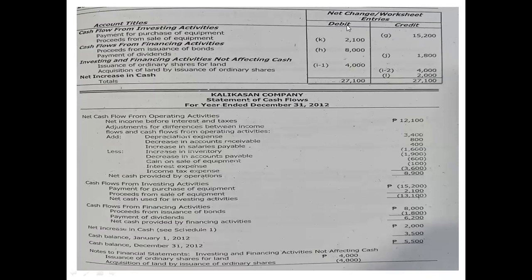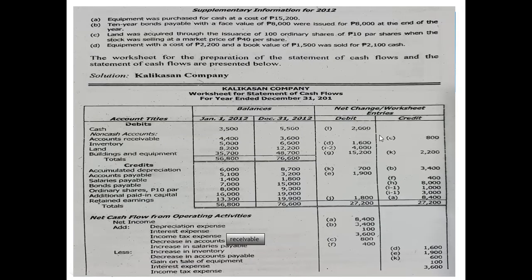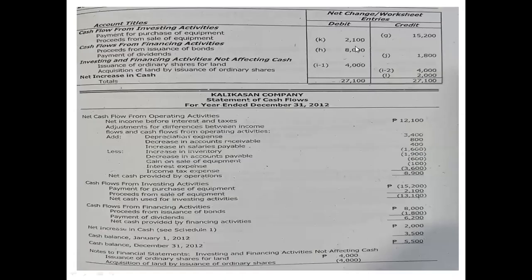So you deduct cash 15,200 because you pay it for the equipment. And then proceeds from sale of equipment of 2,100. Equipment was sold for 2,100. So that's a debit.